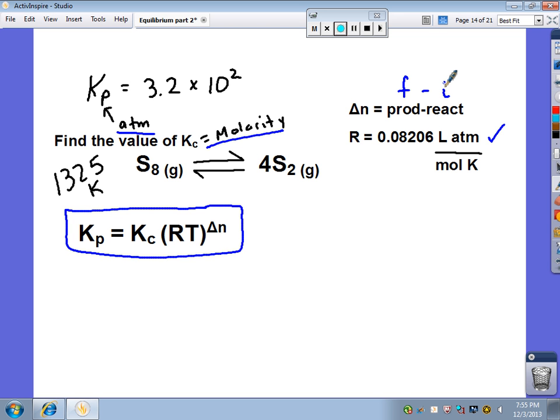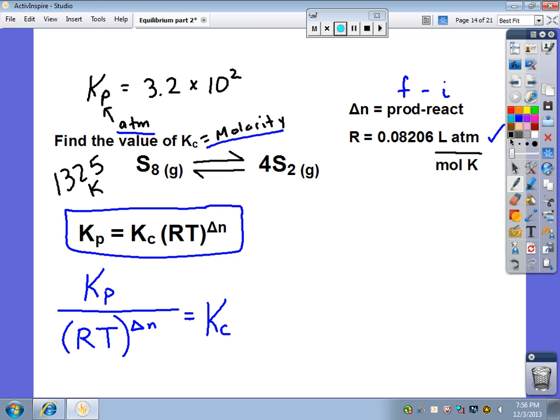So let's do this. Let's plug it in. But let's be smart about it math-wise, and we're solving for Kc. So let's do that with our letters first. I'm going to solve for Kc, which means I'm going to take Kp and divide it by RT to the delta N. And that's going to give me the value of Kc, isn't it? So what do we know Kp is?